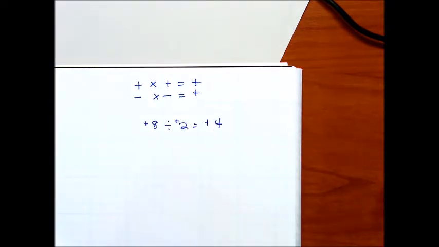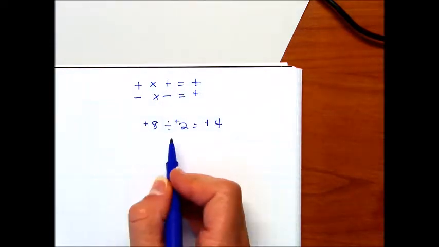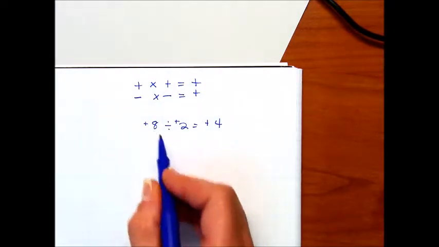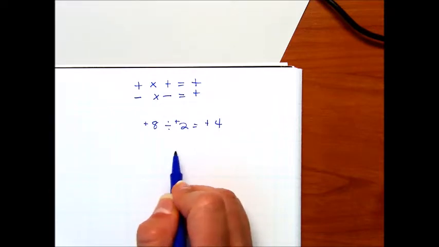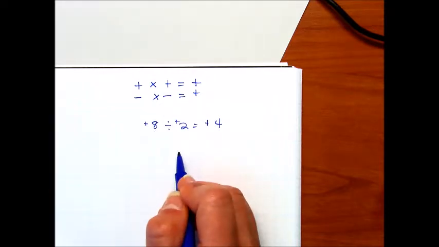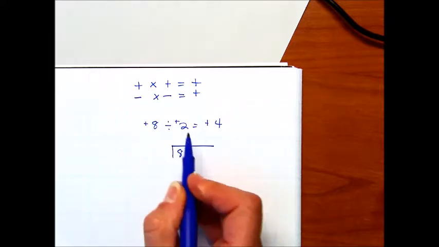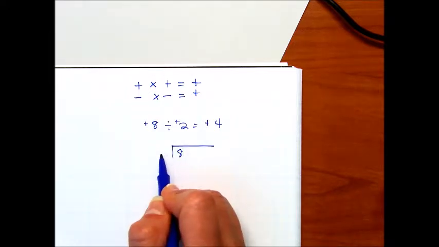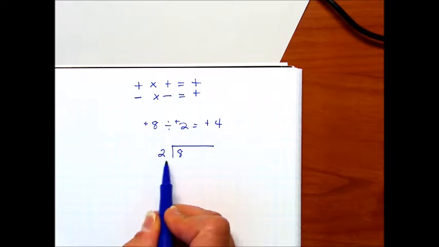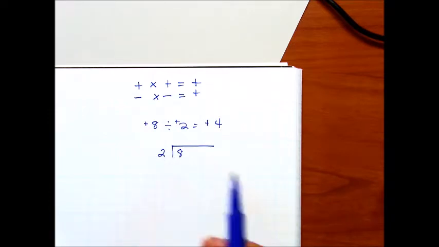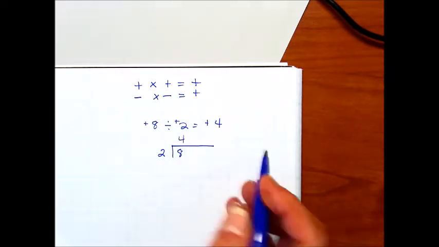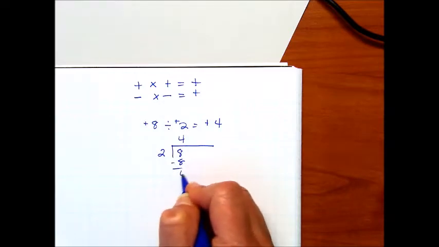If you're not sure how to set it up, this first number is the dividend, so that goes underneath the division sign. The second number is the divisor, and then you just divide. 2 goes into 8 4 times, and there's no remaining amount, so we got 0.